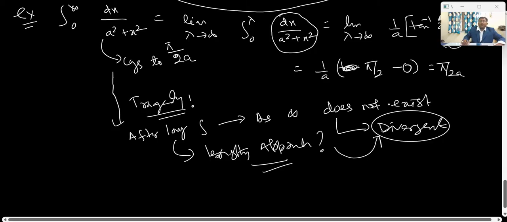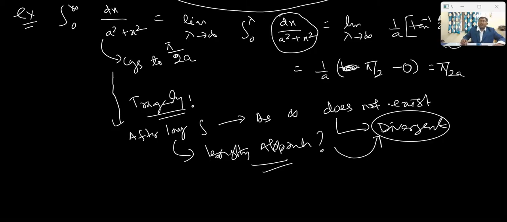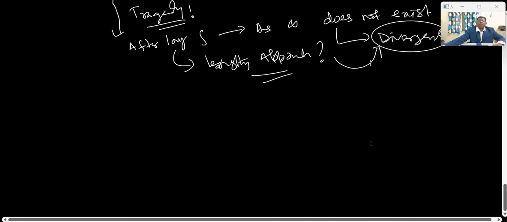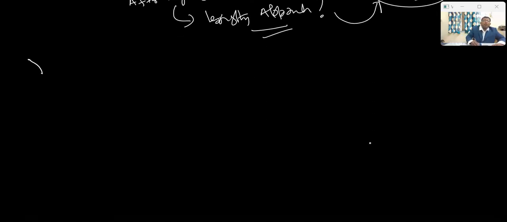So we should first go for the test of convergence, right? Sometimes it is asked: test of convergence. How do we test the convergence?